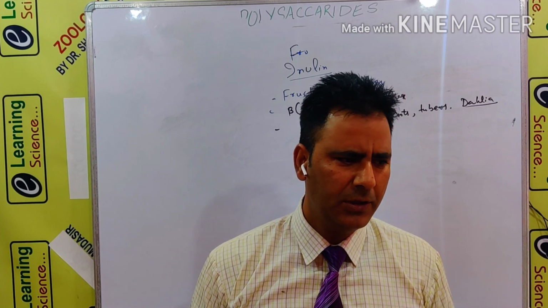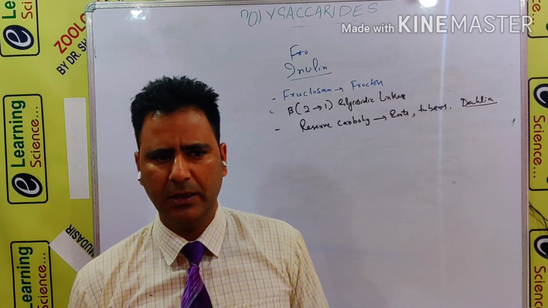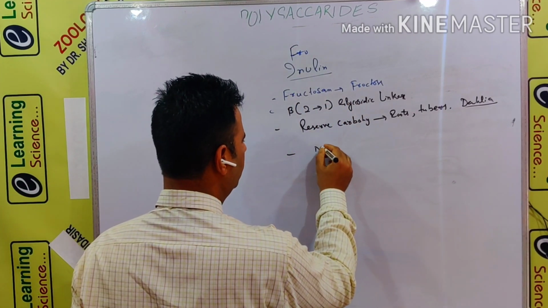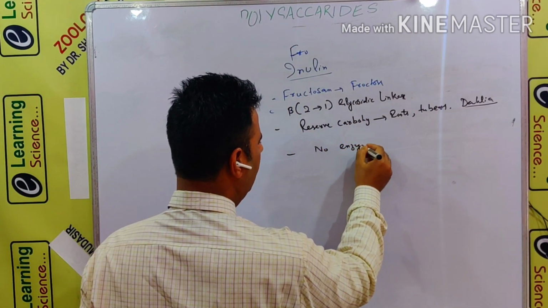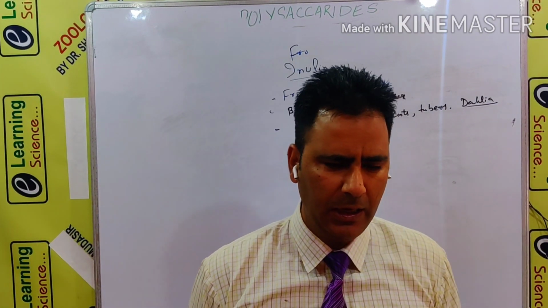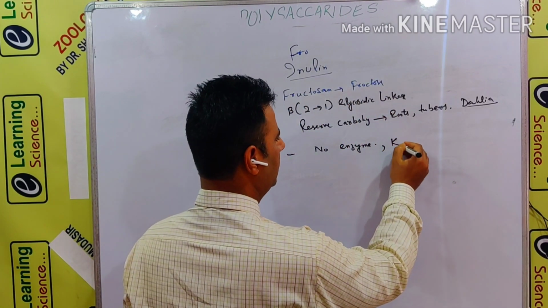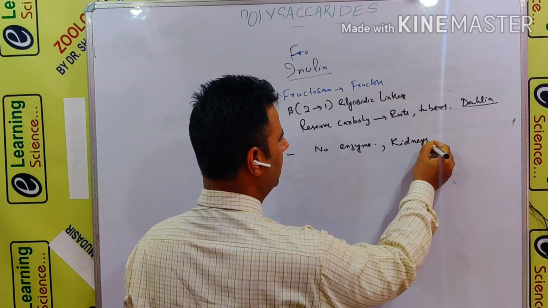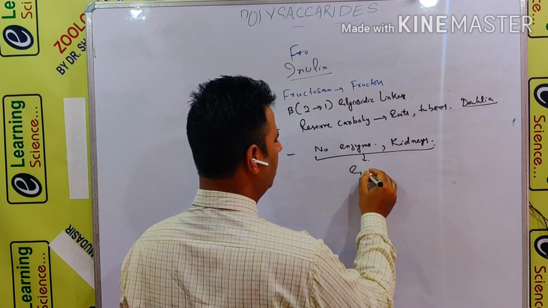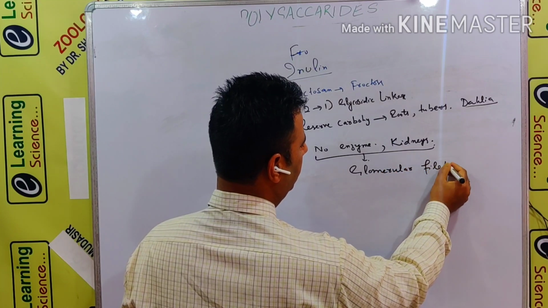And this inulin has one very important significance. There is no enzyme in our body that digests inulin. So this inulin is excreted out by the kidneys. Therefore, it is used for determination of glomerular filtration rate.